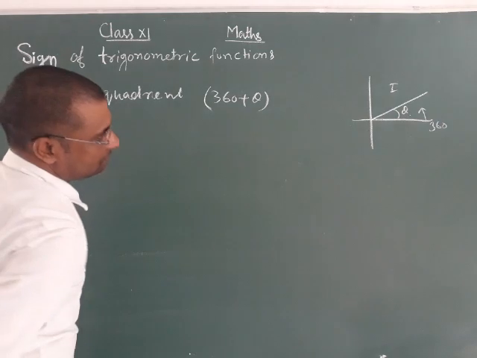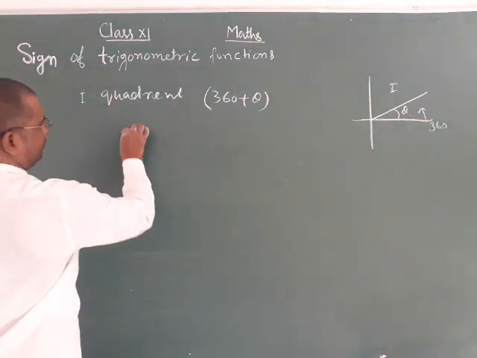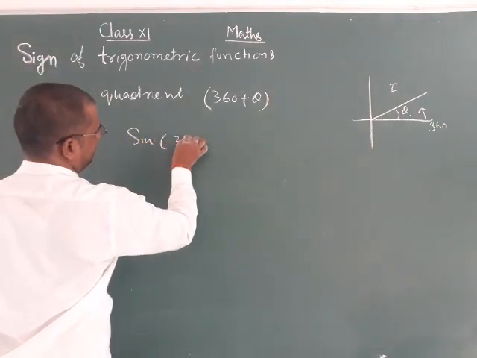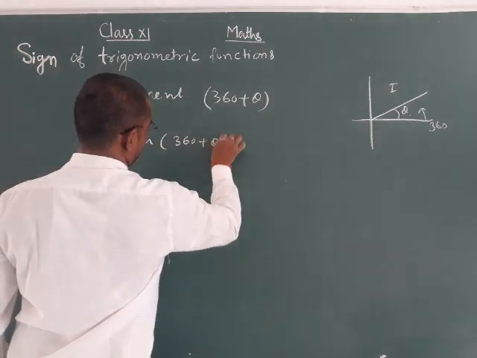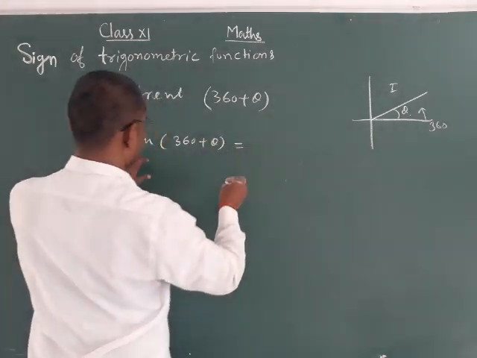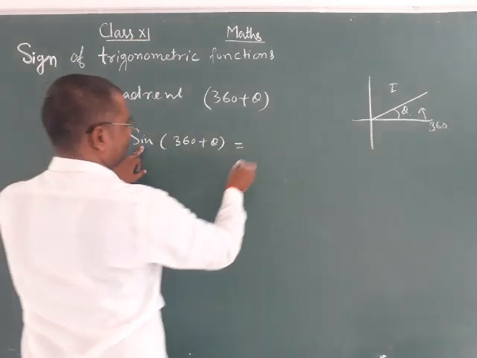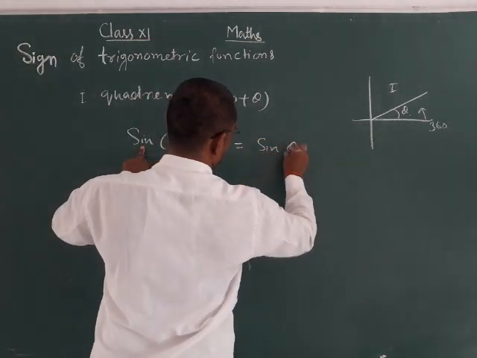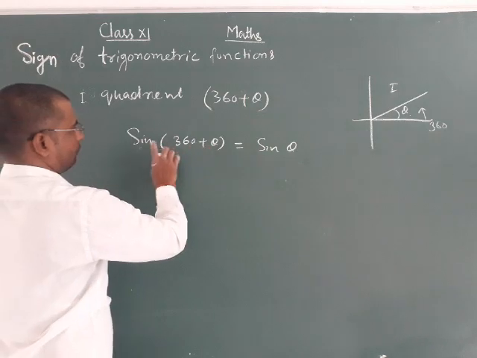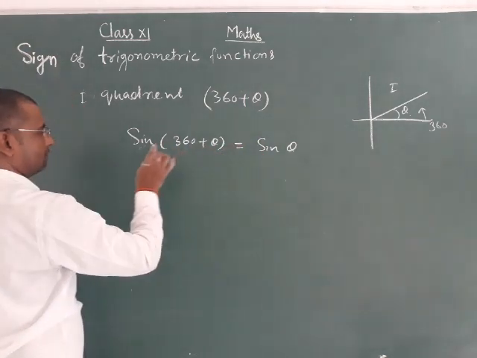Sin(360 plus theta): with 360, there is no change in ratio, so sin theta. All values are positive here.